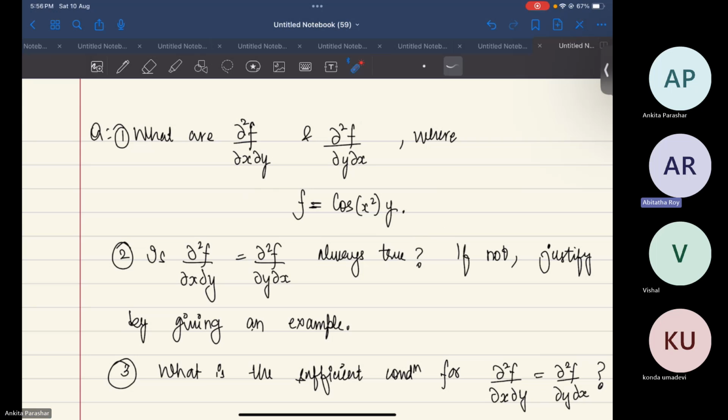Both of them will yield the same value. Well, I don't believe that they will yield the same value. Maybe it's true for this example that I have taken, but I am saying in general. I think this is our second question also. If you see these two mixed partial derivatives, do they always give the same value?